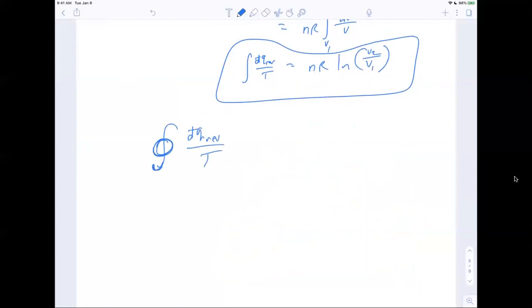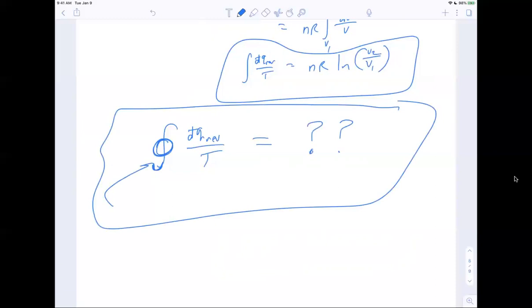You should know now what this integral with this circle means. We've computed dq rev over T for these three steps in the process. So take a crack at this before next class, and this will help you with the review of your midterm as well.